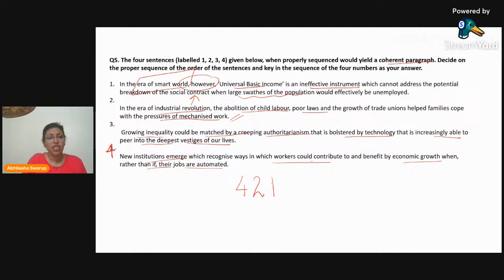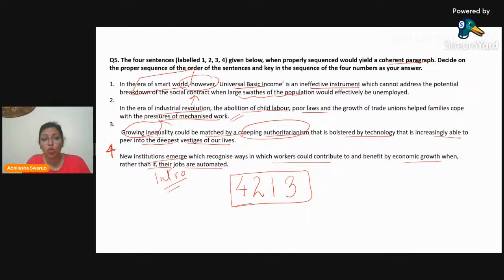So one happens, and then finally we come to sentence number 3, which says what could be the result. So growing inequality and then creeping authoritarianism, technology that is all the time watching your lives. So 4, 2, 1, 3 then becomes the sequence here or your correct set of statements. Okay, so we started with 4, the introduction of this new world.